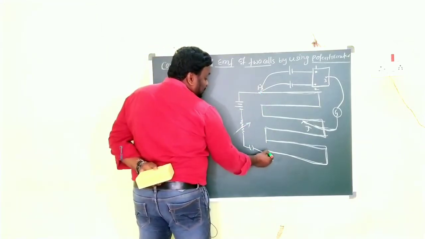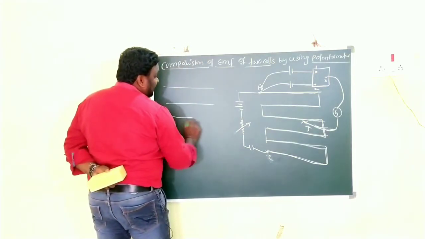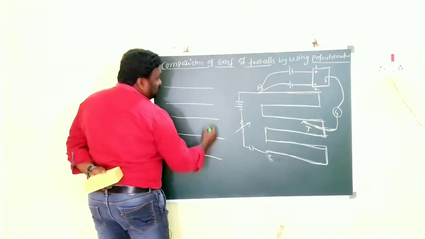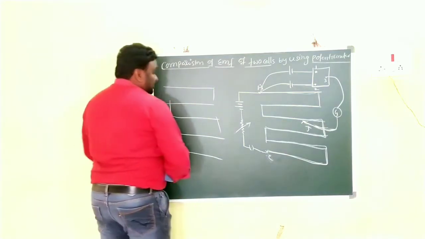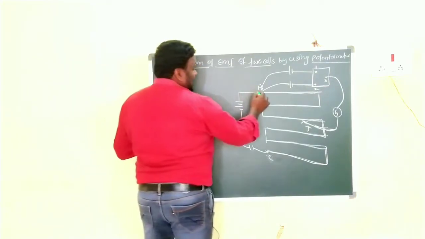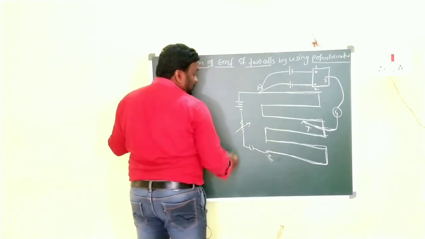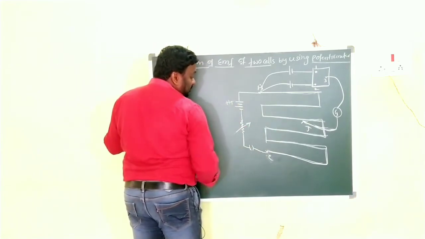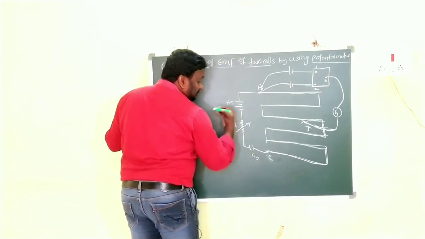This is the starting point A of the wire, and this is the end C. The gaps between the ends are joined with copper strips like this. So we have two ends, A and C. The primary circuit consists of wire, a high voltage battery, a rheostat, and a plug key.